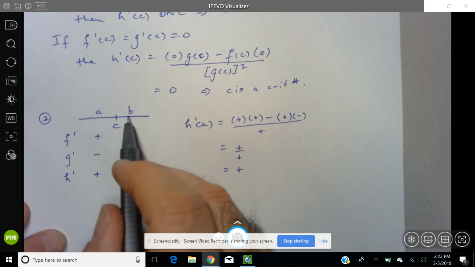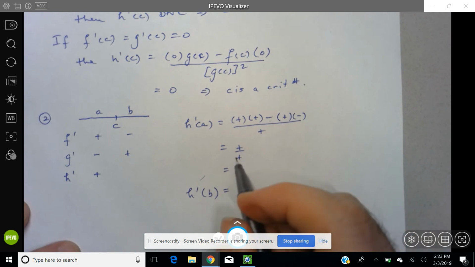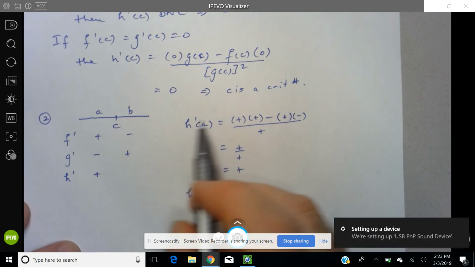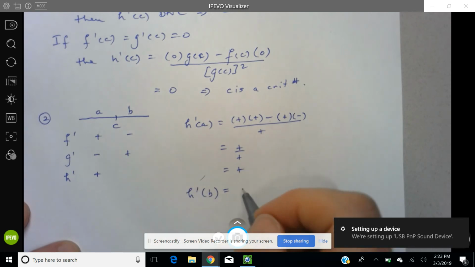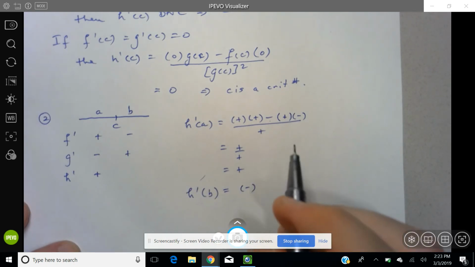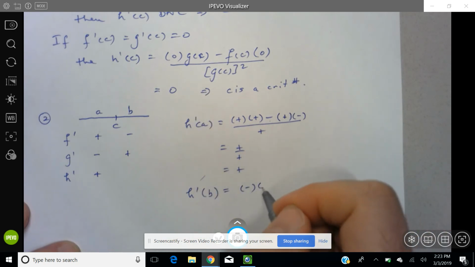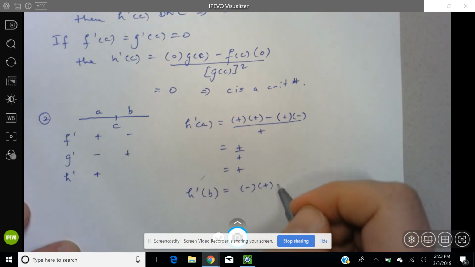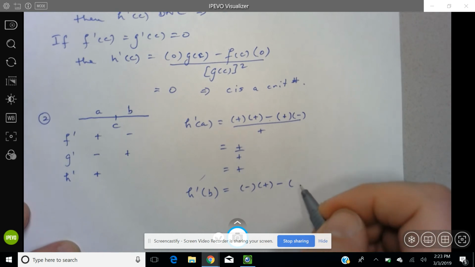Now let's try to the right of C. Let's see if we can determine the sign of H prime at B. Well again, F prime at B, we know has to be negative. And G at B has to be positive. So that's a negative number minus F at B. Well, F is always positive.